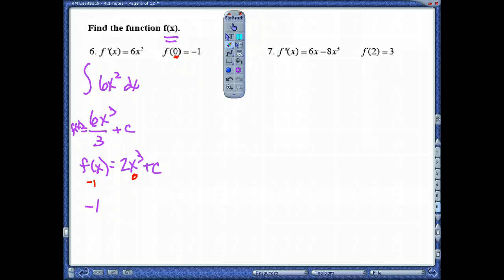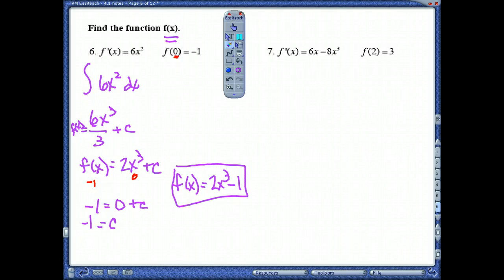So that'll be -1 equals 0 plus c. So c is -1. So my full-blown equation exactly is 2x to the 3rd minus 1. The only way we're getting back to the exact equation is if we have that point.